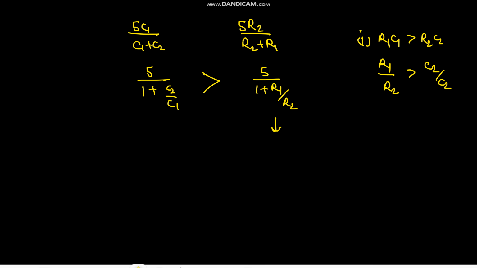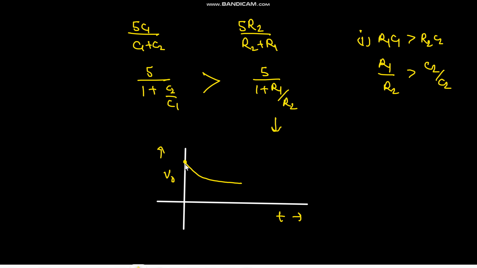So at t equals 0 we are having more voltage, and at t equals infinity we are having lesser voltage, right? So the V0 waveform would go something like this, from this to this.